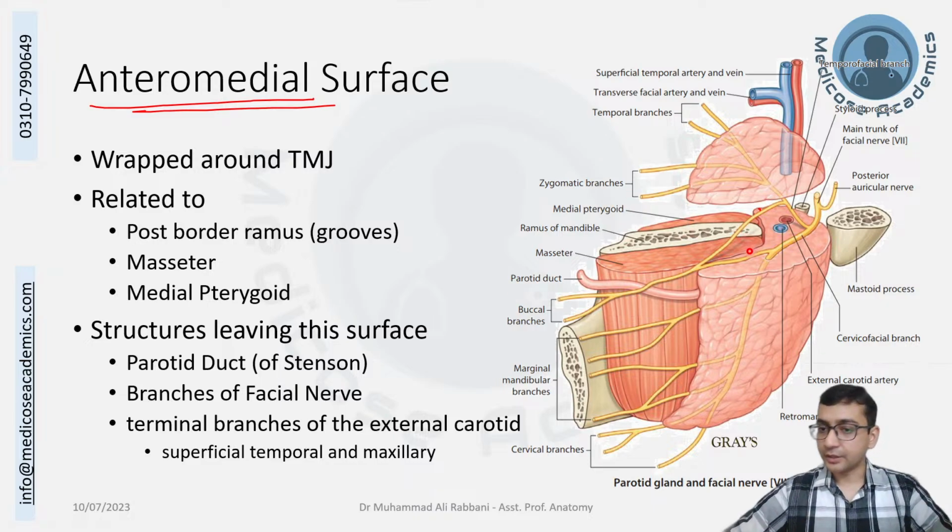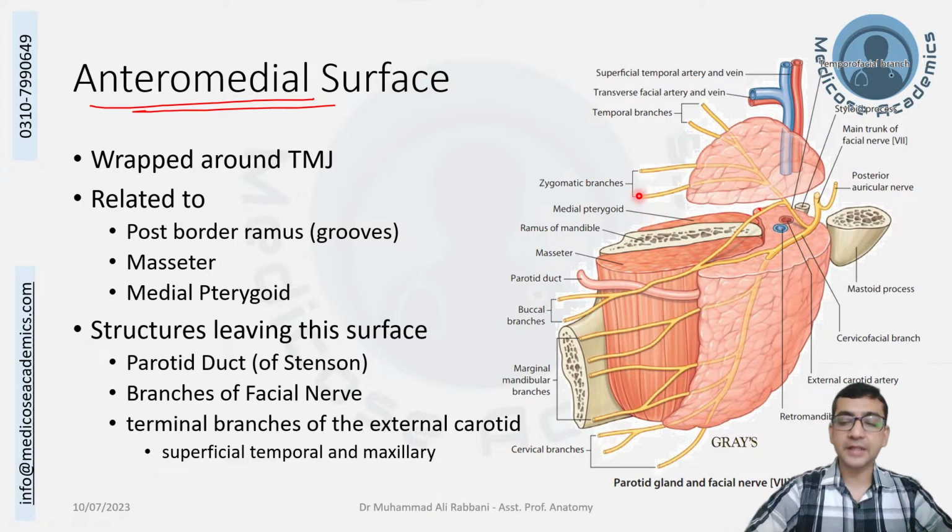They are exiting from the anteromedial aspect. And there are some branches of the external carotid artery exiting to go to the face, especially the maxillary artery and the superficial temporal artery. So these are the anteromedial relations.